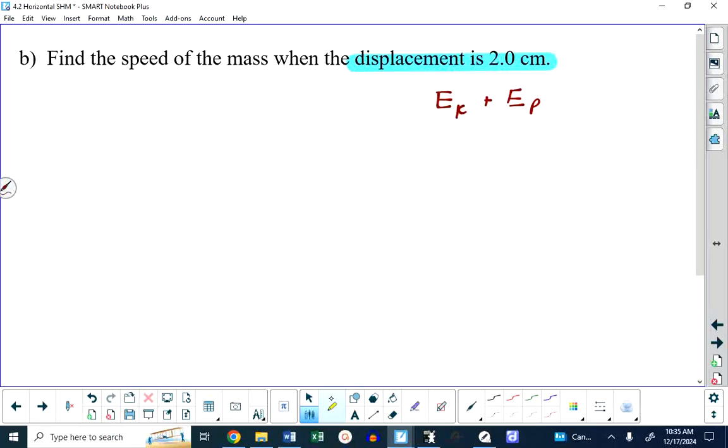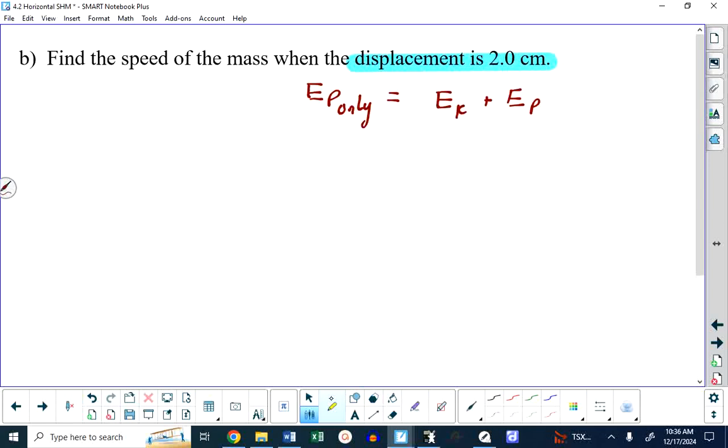And we can equate that to the place where it has potential energy only, if we like. Could we equate that EP plus EK, which will lead us to the answer, to the point where it has kinetic only? Yes, you could. I'm just going with this.